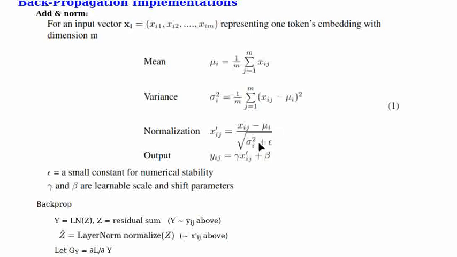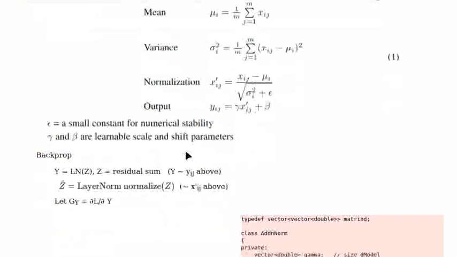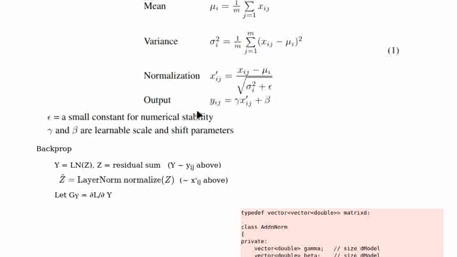But for stability, we add a small constant to sigma i squared and then take the square root. And the final output would be gamma times this normalized value plus another parameter, beta. Actually, gamma and beta are learnable scale and shift parameters.